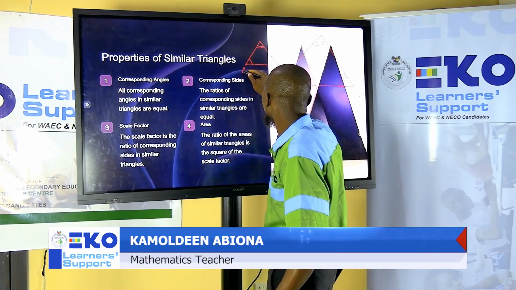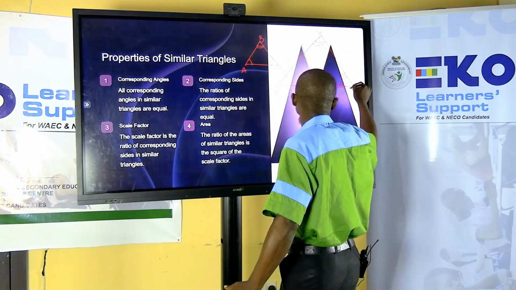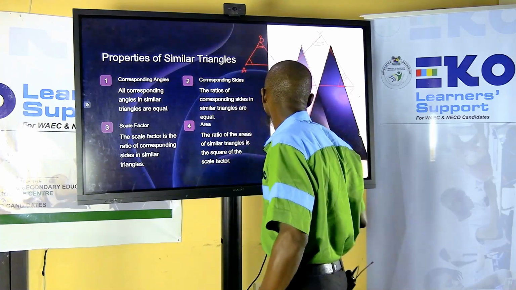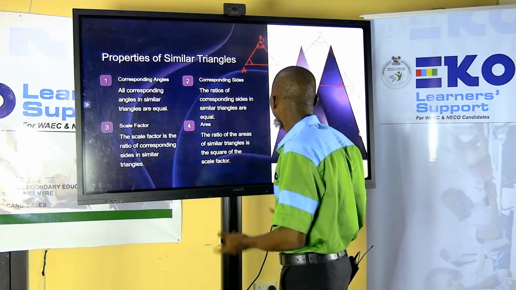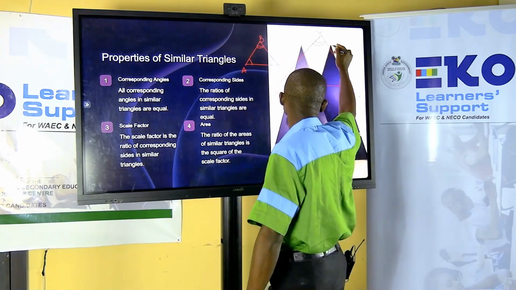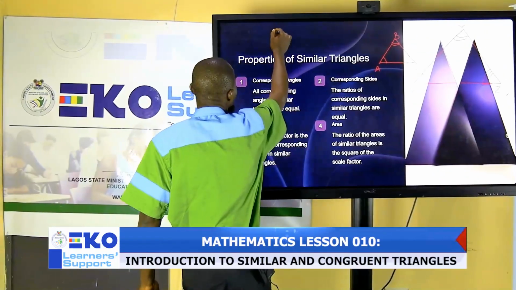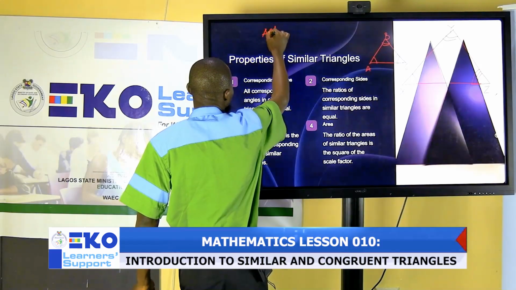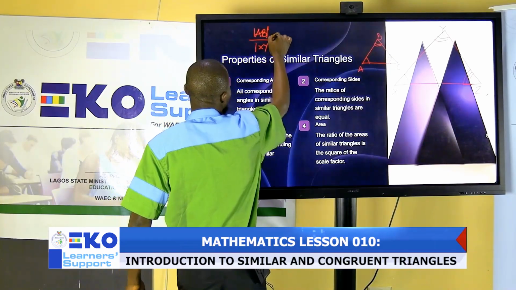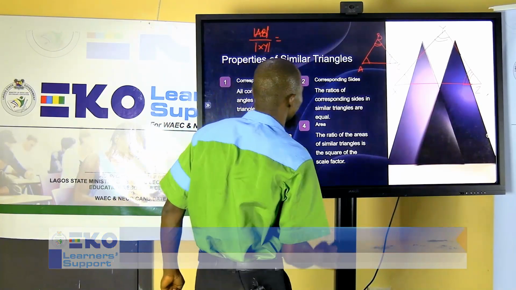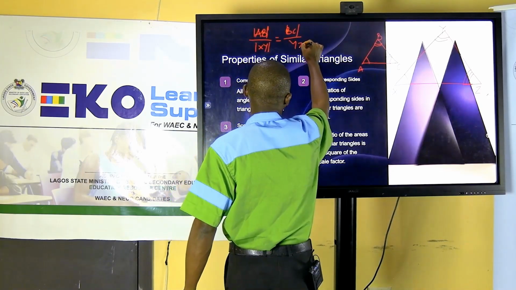If I label this as A, B, C, and this as X, Y, Z, then the ratio of side AB to side XY is equal to the ratio of BC to YZ.